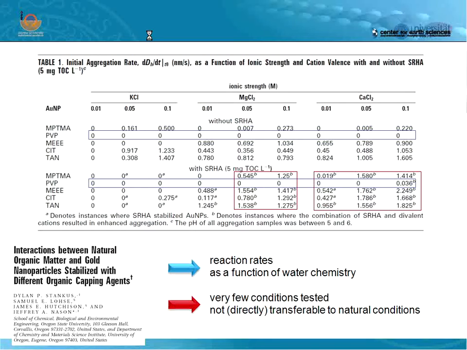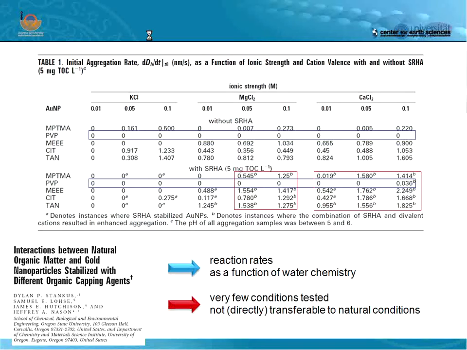So addition of NOM to these kind of systems is increasing the aggregation. So NOM is not always unidirectional. It's not always the case that you're adding NOM to your system, you're getting more stable and better dispersed particles. Depending on the coating and the interaction of the coating with the NOM, you even may reach stronger aggregation.